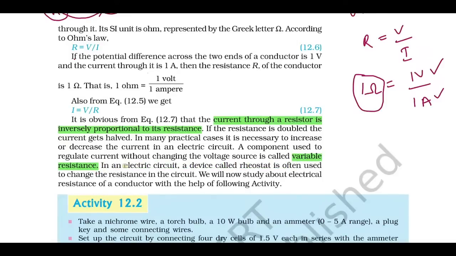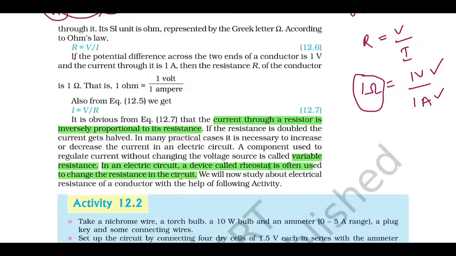Again, 1 mark important definition: define rheostat or variable resistance. The name itself says that a rheostat is a component where you can change the resistance of the circuit. In an electric circuit, a device called rheostat is used to change the resistance of the circuit.